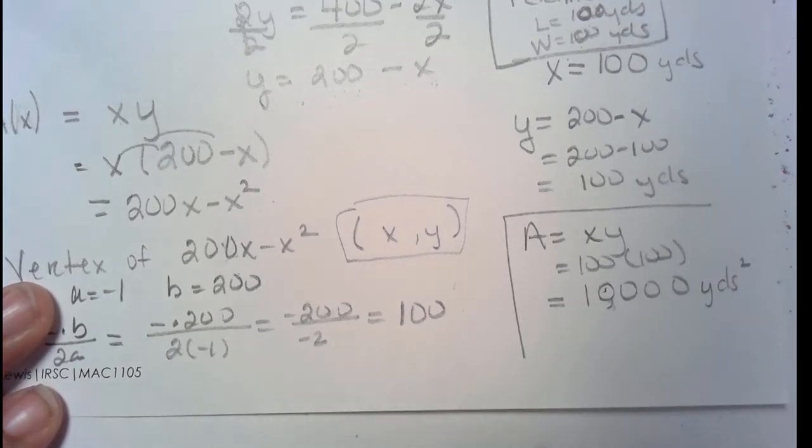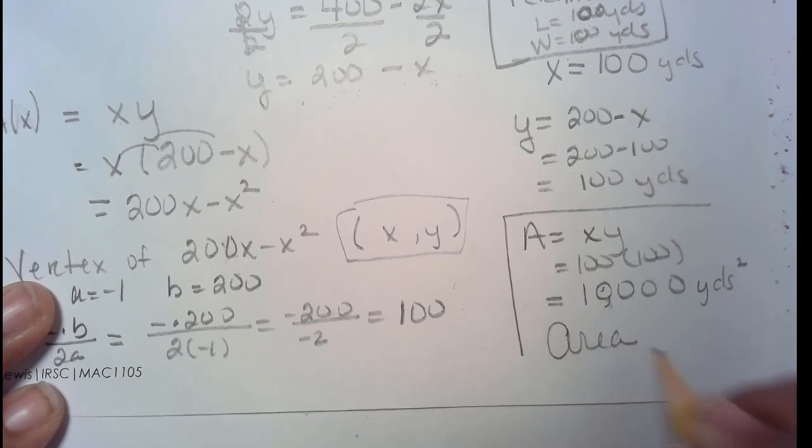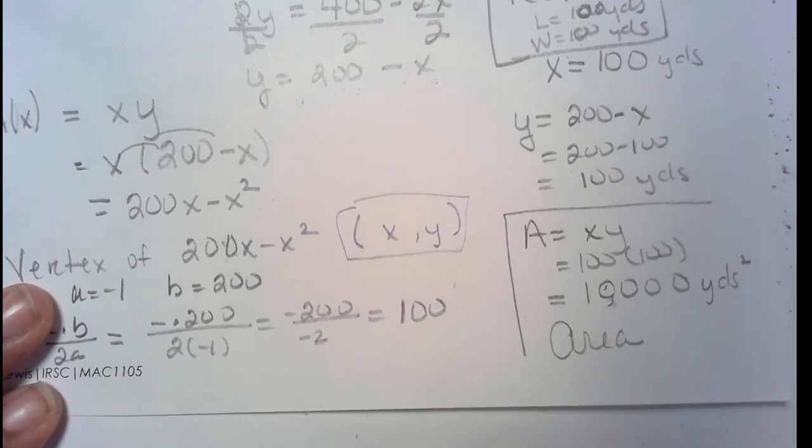So this would be the area. What is the maximum area? The maximum area is 10,000 square yards. Okay.